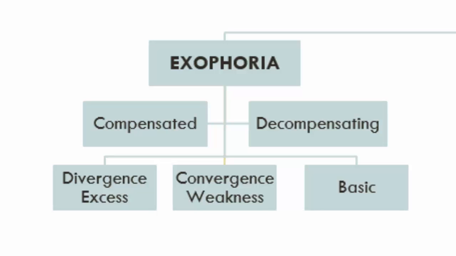Now, aside from diagnosing a decompensating exophoria, we can then take the next step of subclassifying an exodeviation according to whether near distance disparity exists. So whether there is a difference between the near angle of deviation and the distance deviation.